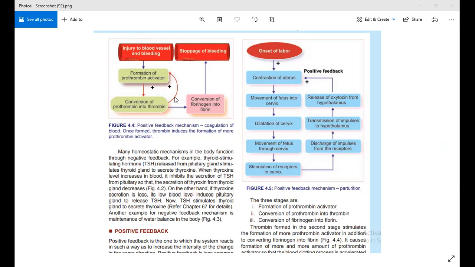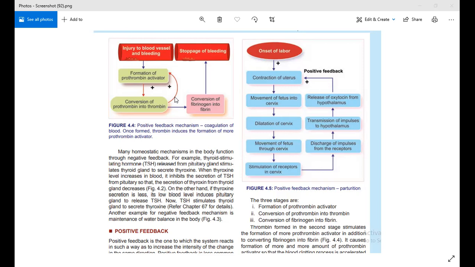Now, for positive feedback, what happens is that the initial input leads to a process, and that process leads to the production of an output. But that output stimulates the original input to continue the process, not to stop it, but to continue it.